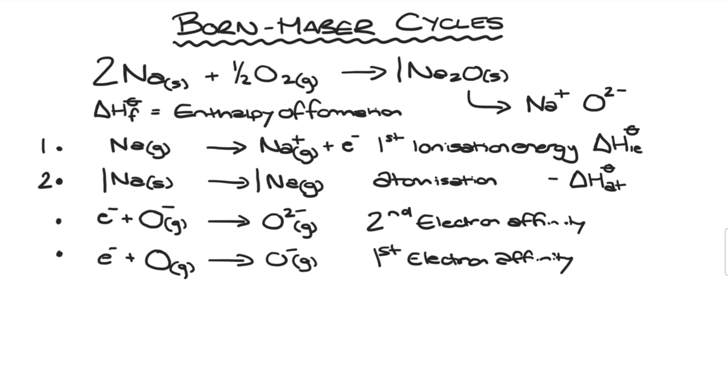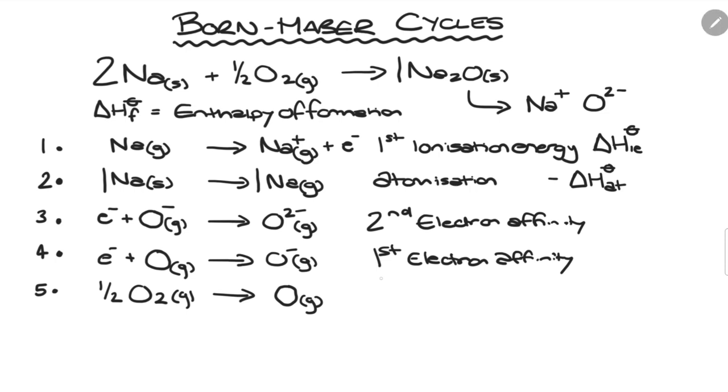And that in its turn indicates another equation which is needed. So if we call that equation 3 and 4, we need a 5th equation here, because we started life with a half oxygen gas molecule in our first delta HF equation at the top there, and in order to generate the O gas required in equation number 4, we need to break that covalent bond between the oxygen molecule.